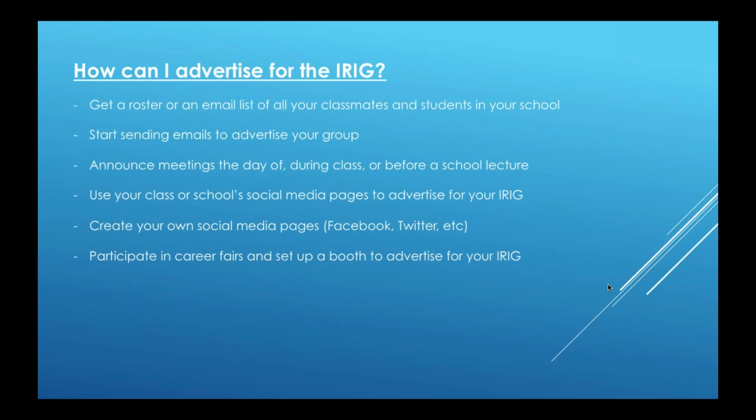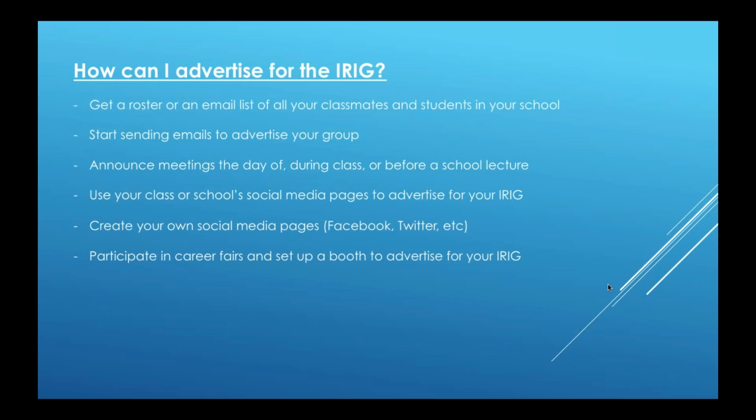How do you advertise for the IR interest group? Again, if you could help us out and get a roster or an email list of all your classmates or students in your school who you think might be interested in this sort of outreach and education, and start sending those emails to advertise the groups and advertise the events.